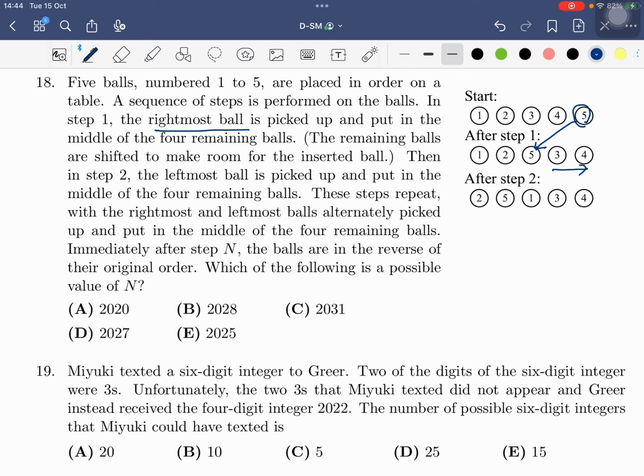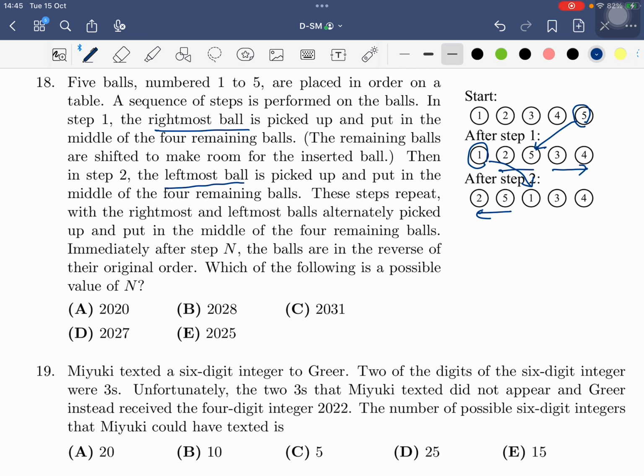Okay, and the second step, the leftmost ball is picked up and put in the middle here. Sorry, so it comes from here. So 1 comes to here, and 2 and 5 go there. So this is repeated and keeps going, right and left and right and left.